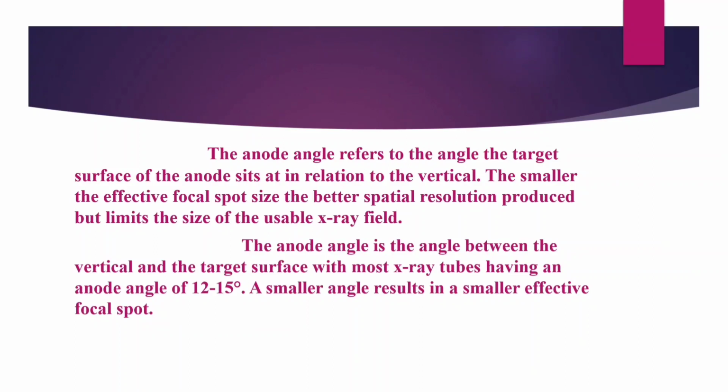The smaller angle results in a smaller effective focal spot. Focal spot is the area where the electrons hit the anode surface, and for a small focal spot size, the anode is tilted about 12 to 15 degrees.